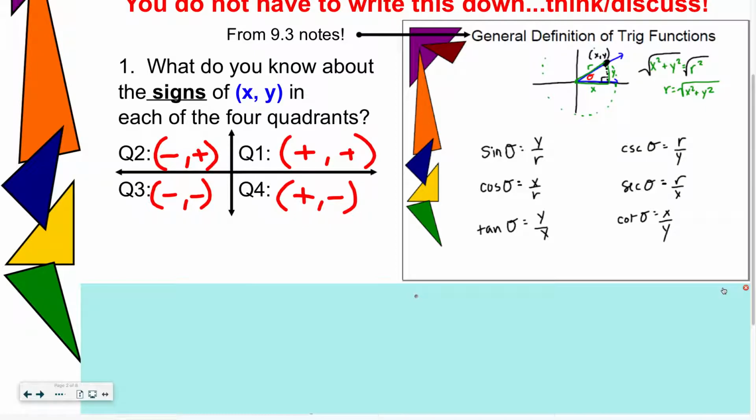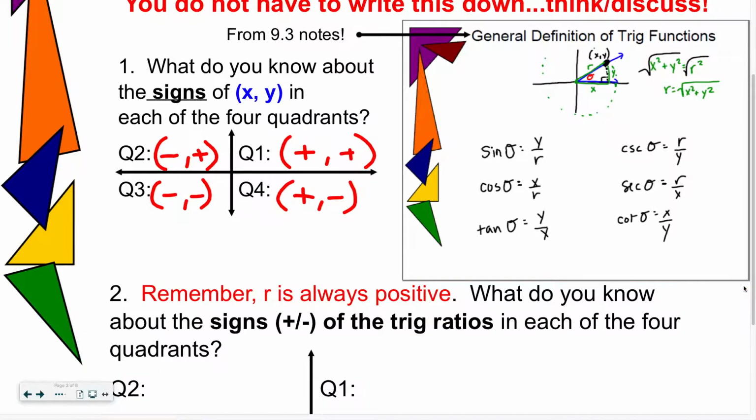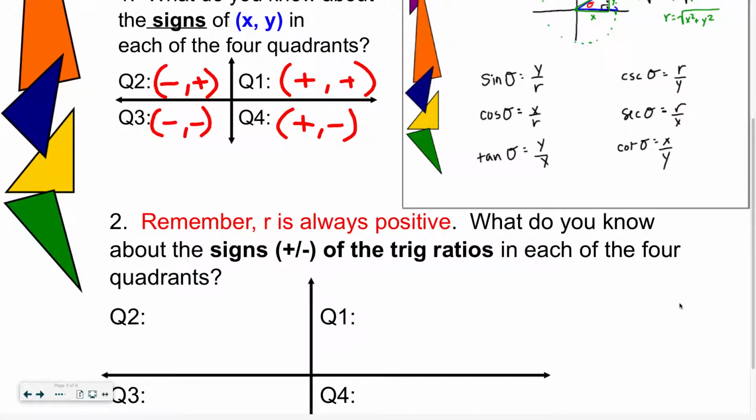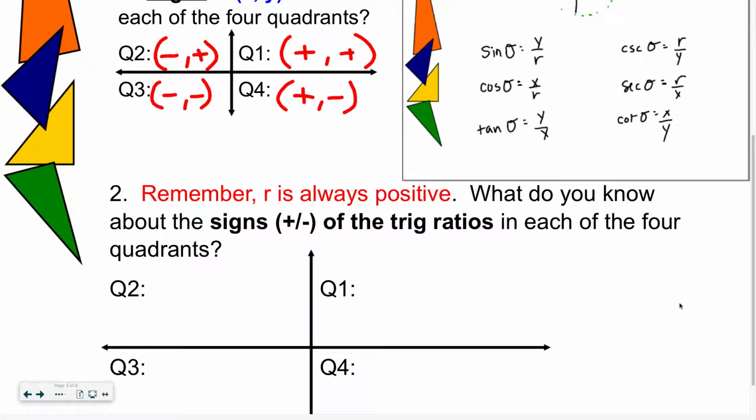Using that knowledge and the notes we took earlier this week in section 9.3, and remember in section 9.3, r is always positive. We never mark r as negative. What do you then know about the positive and negative signs of the trig ratios in each of the 4 quadrants?